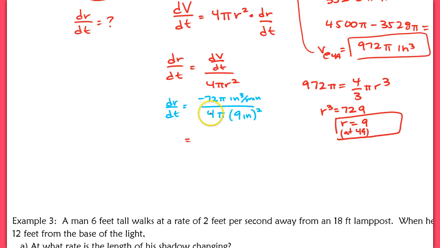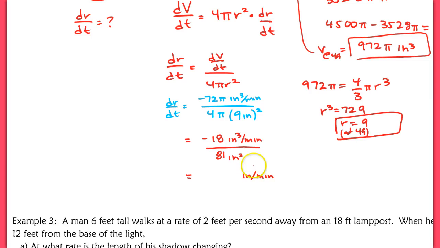All right, so after we make those substitutions, let's go ahead and try to simplify this. Now, negative 72 over 4, that's going to be negative 18, and the pi's will cancel. So I have negative 18 cubic inches per minute over 9 inches, that quantity squared, that's going to give me 81 square inches. What's nice about these units is I can check that this should give me inches per minute, because the radius is a linear change, so we should have inches per your time frame, which is in minutes.